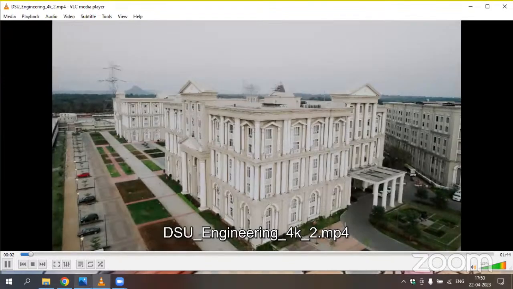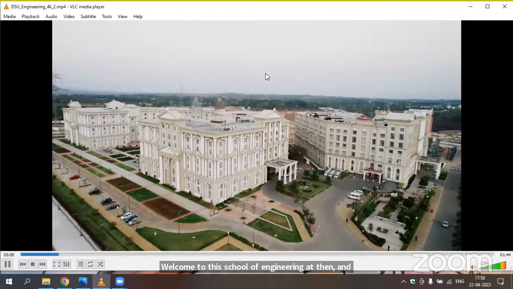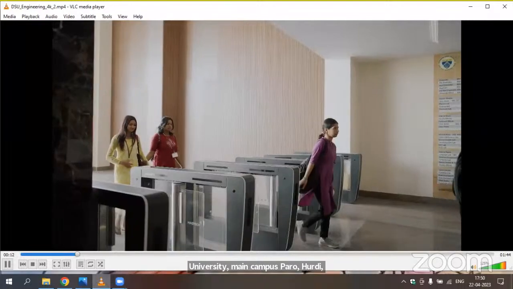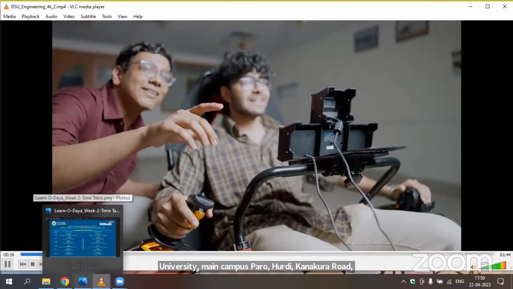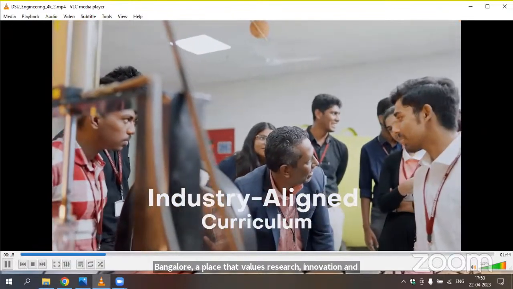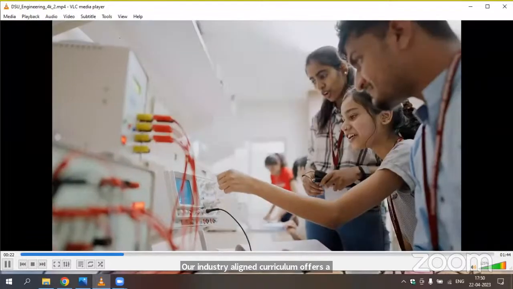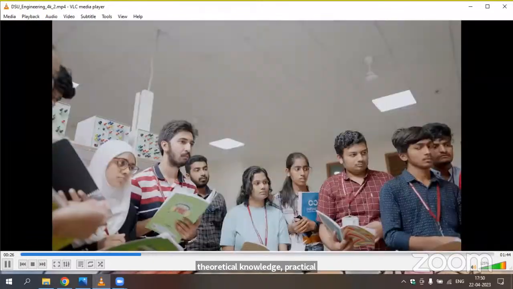Welcome to the School of Engineering at Dayanand Sagar University, Main Campus, Harohalli, Kanakapura Road, Bangalore. A place that values research, innovation and creativity. Our industry-aligned curriculum offers a blend of theoretical knowledge, practical experience, academic projects and internships for a rewarding career in engineering.